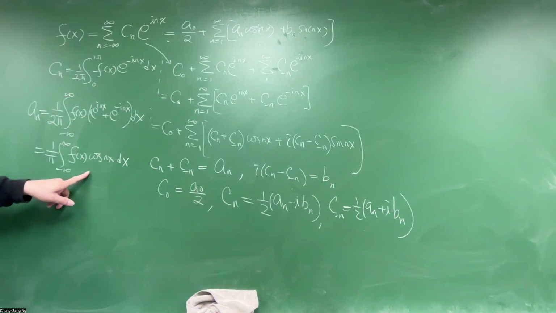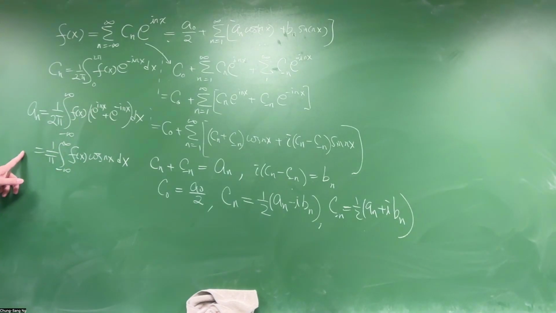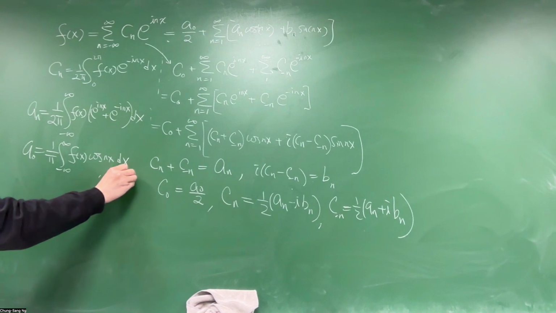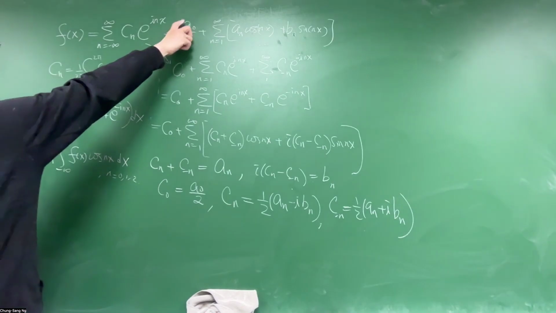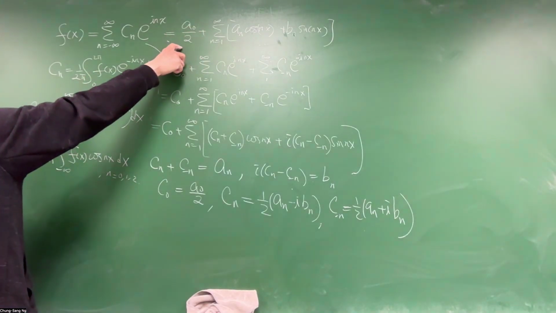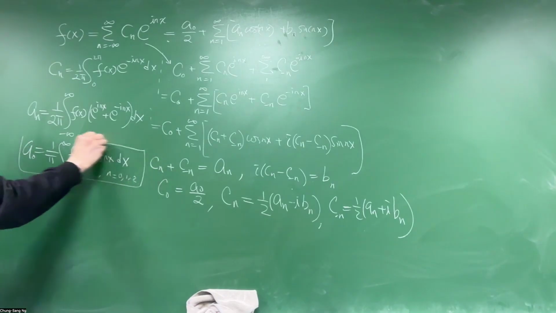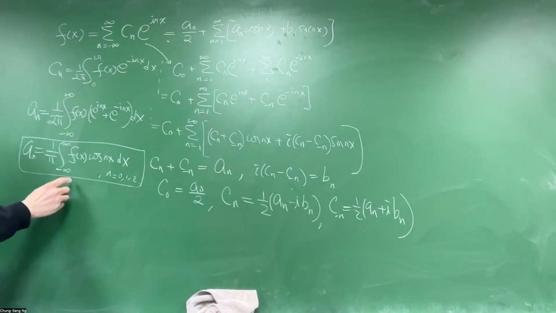So you can use exactly the same formula, set n equals 0, and that will give you a sub 0. This formula is good for n equals 0 because we choose to write the zero-order constant as a sub 0 over 2, which allows us to use the same formula. All right, so that's the formula for all the a coefficients.